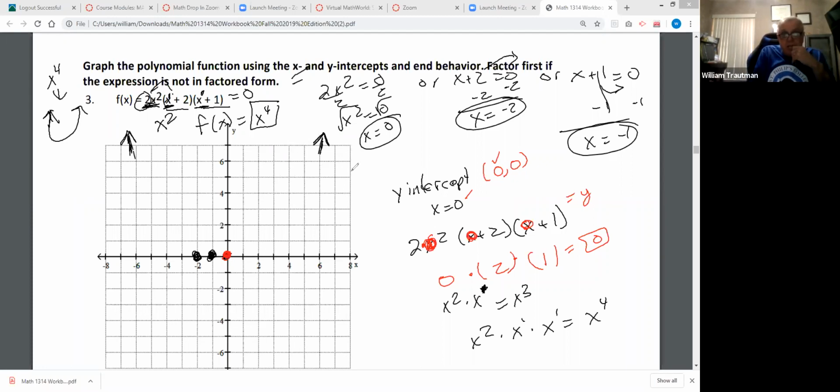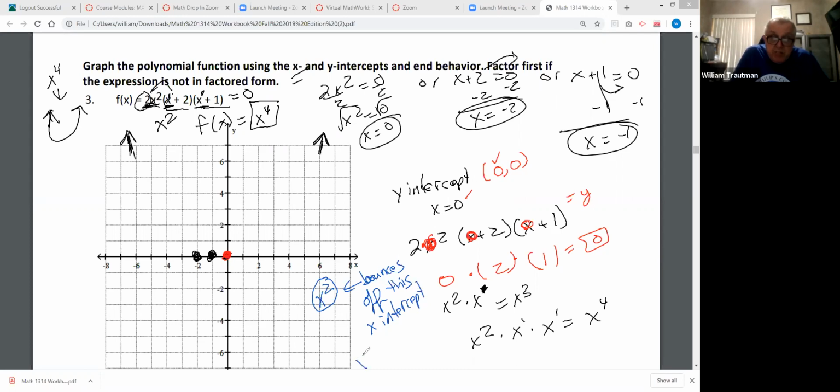Okay, there's still more I have to teach you. I'm running out of room. I'm going to change my color to dark blue. Okay, so we need to also understand this. If I have an x with a second power, that means the graph bounces off this X-intercept.